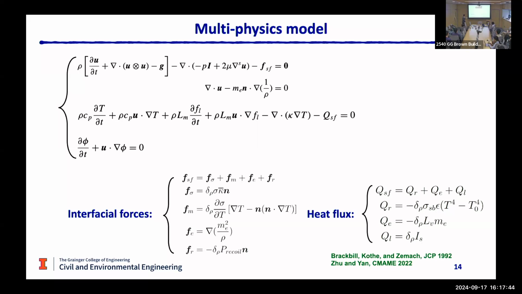However, we still handle them by using the Brackbill continuous surface force model. You see, all the surface boundary conditions are converted into body force terms. And those body force terms will enter the conservation equations we are solving. I will dive into the details about this later in my presentation.